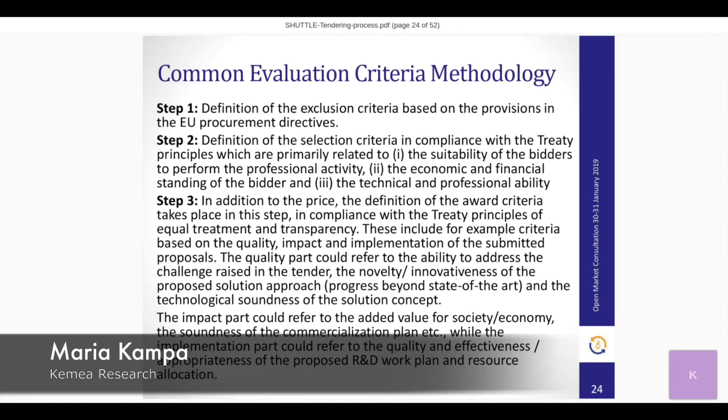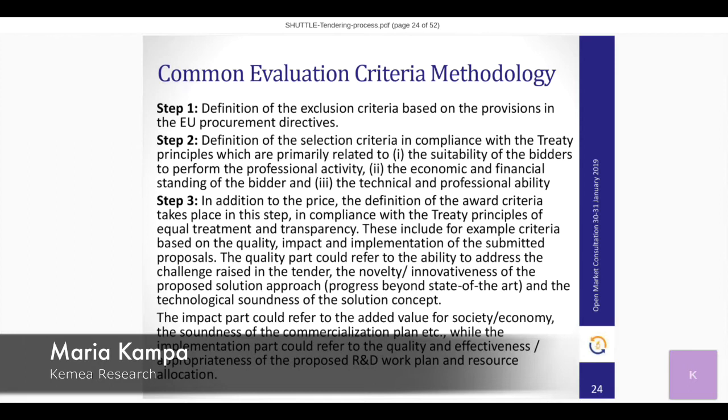In the third step, in addition to the price, the definition of the award criteria will take place, in compliance with the treaty principles of equal treatment and transparency. This includes, for example, criteria based on the quality, impact, and implementation of the submitted proposals. The quality part could refer to the ability to address the challenge, the novelty of the proposed solution approach, and the technological soundness of the solution concept.